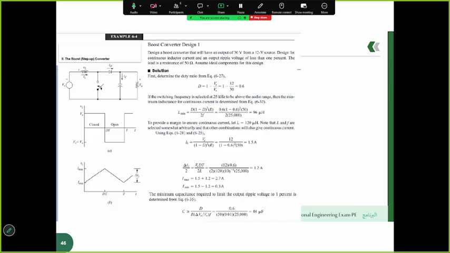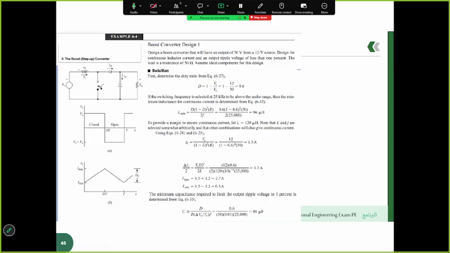The first step is determining the duty cycle using the boost converter voltage gain relationship. So Vo is equal to Vs over 1 minus D. Solving for D, D is equal to 1 minus Vs over Vo. This indicates that the switch remains on for 60%, so 0.6, representing 60% of each switching period.